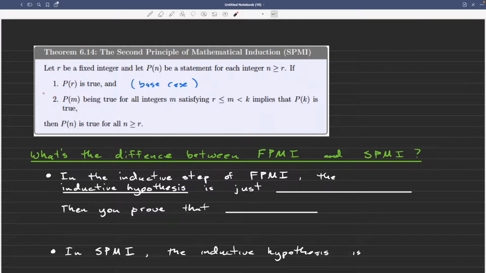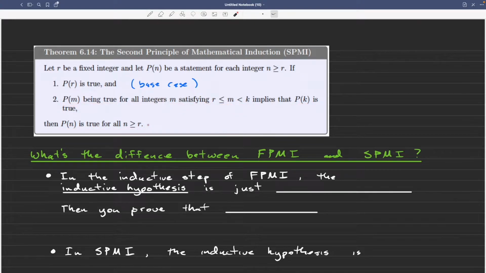But here it's a little bit more. It says that if p of m is true for every integer m starting at r and up to but strictly less than k is true, if that truth implies that the next thing, p of k, is true, then that, along with the base case, establishes that all of those statements are true.